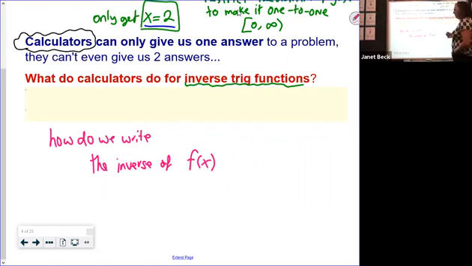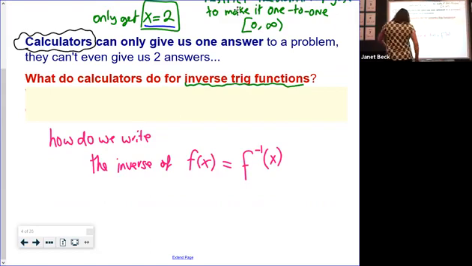Just typing it in without some special way of formatting your text. To put this little -1 up there is actually quite tricky. But that's what we mean. That's how we write this. This says, in math language, the inverse of function f of x.